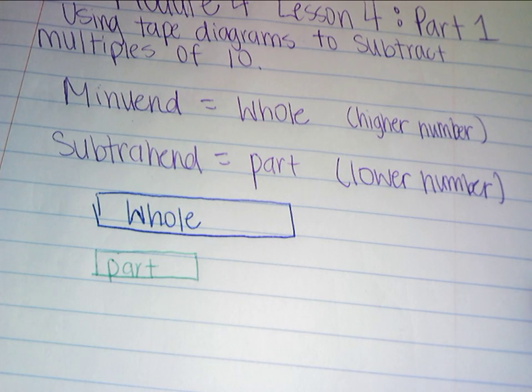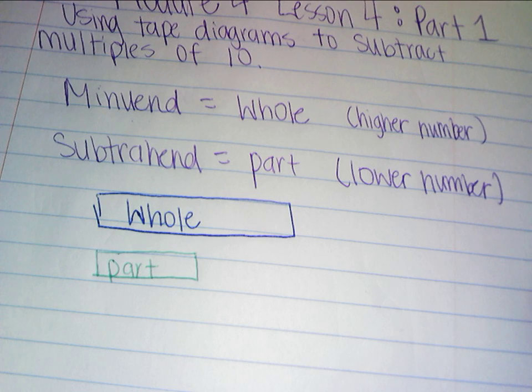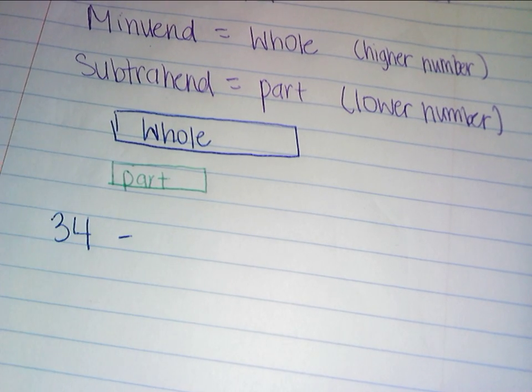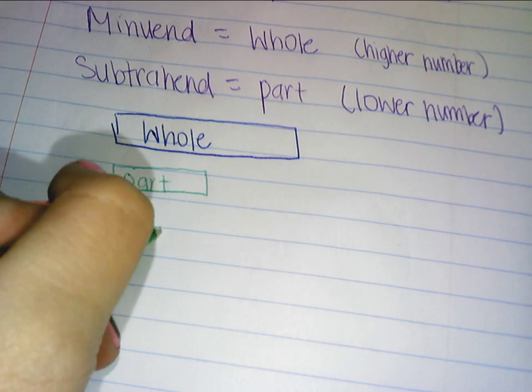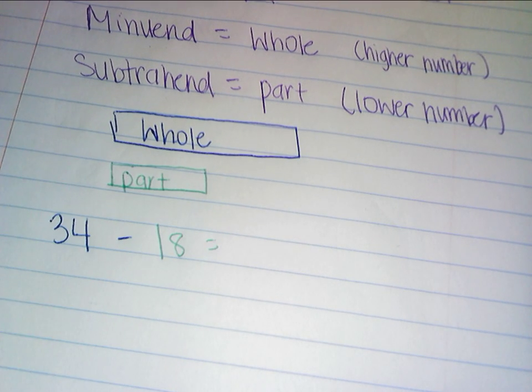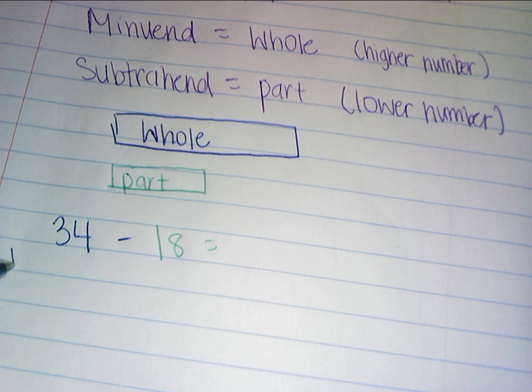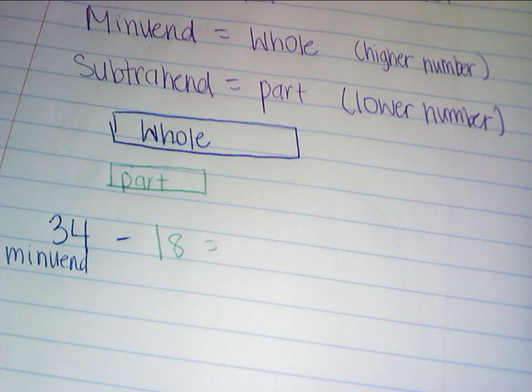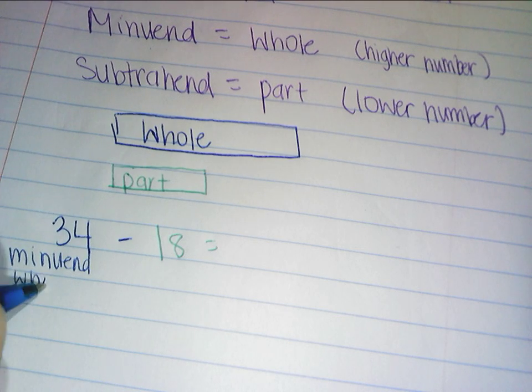So if I have an equation, for example, if I have the number 34 and I'm subtracting 18, 34 is my minuend. That's what you call that number, which is the whole.